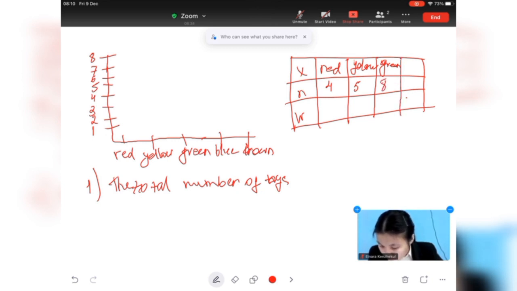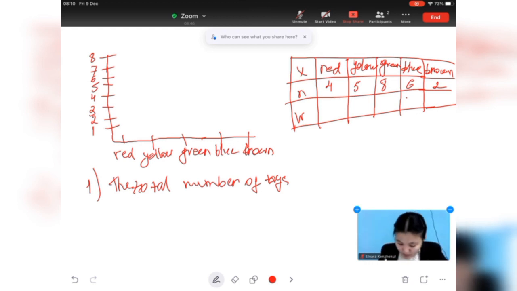Red equals 4 toys, red 4 toys, and the point of intersection. Yellow equals 5 toys. Green 8.